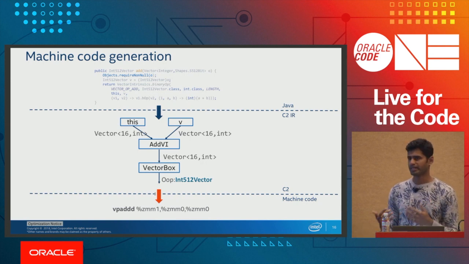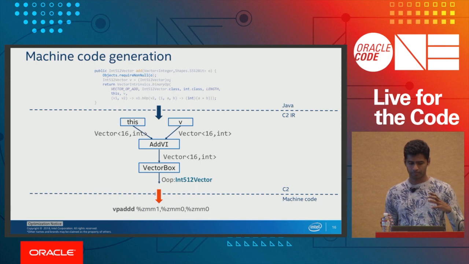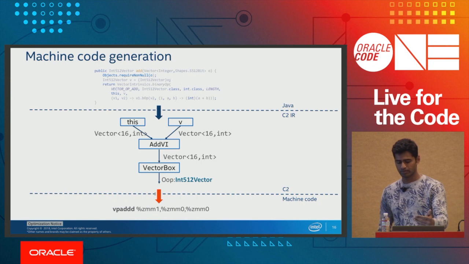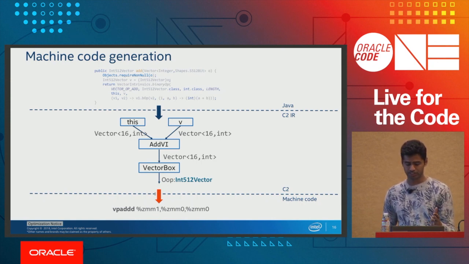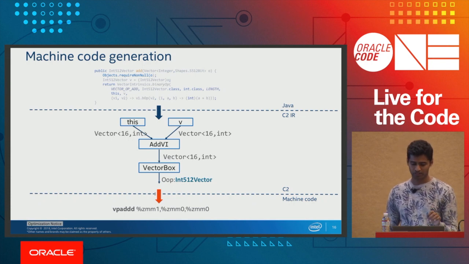So for implementing those, we have used the SVML intrinsics, which are part of the Intel C++ compiler, and those are highly optimized sequences of code. When the machine code is generated for such operations, you generate the SVML intrinsics.